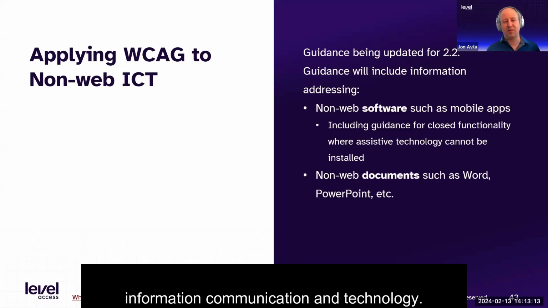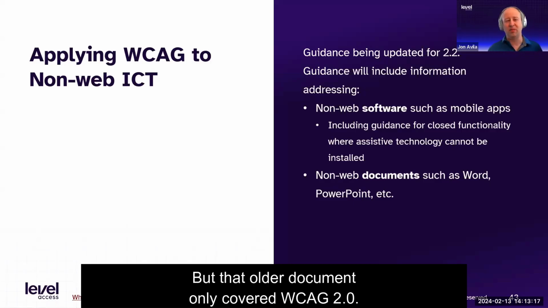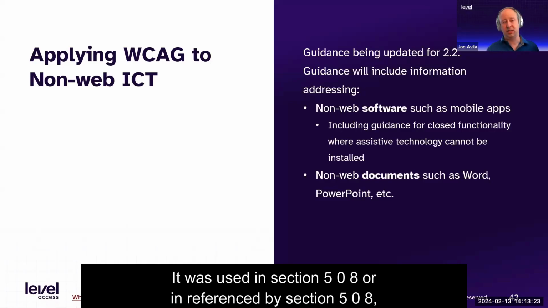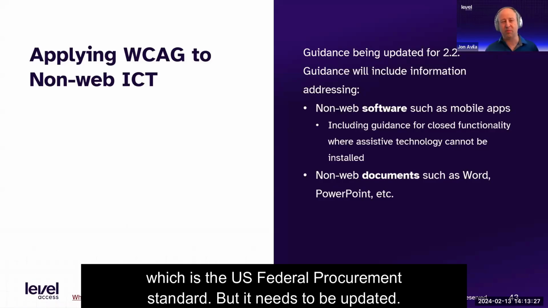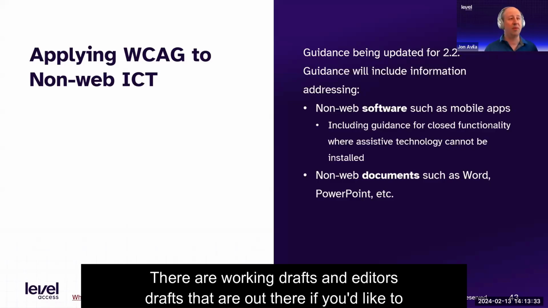ICT stands for Information and Communication Technology. But that older document only covered WCAG 2.0 AAA. It was used in, or referenced by, Section 508, which is the U.S. federal procurement standard, but it needs to be updated. It is in the process of being updated. There are working drafts and editors' drafts out there.